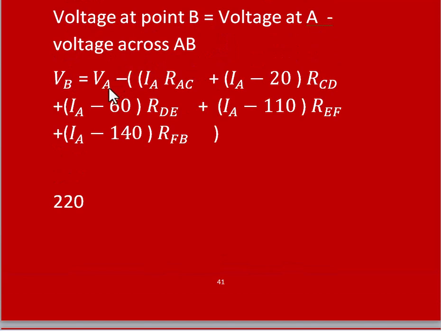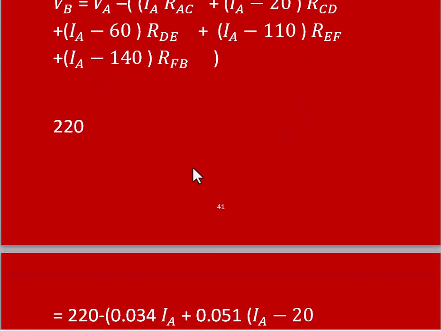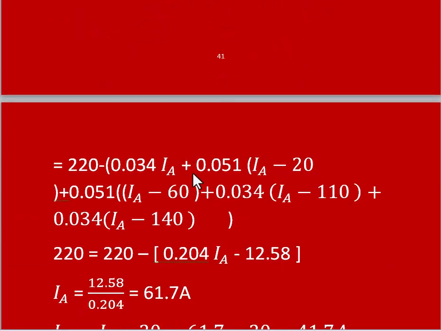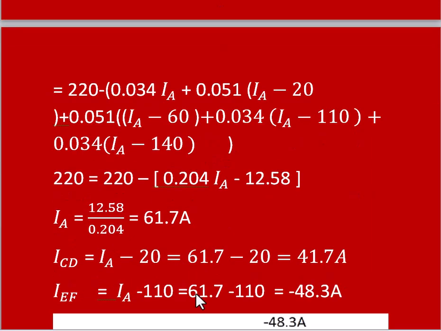So in this equation, substitute all the values, VB value, VA value. VA is nothing but 220. Similarly, VB is 220. And IA is not known, but RAC is known, RCD is known, RDE is known, REF is known, RFB is also known. Substitute all the values. This will become single equation with single unknown. So from that we get IA value as 61.7 amperes.